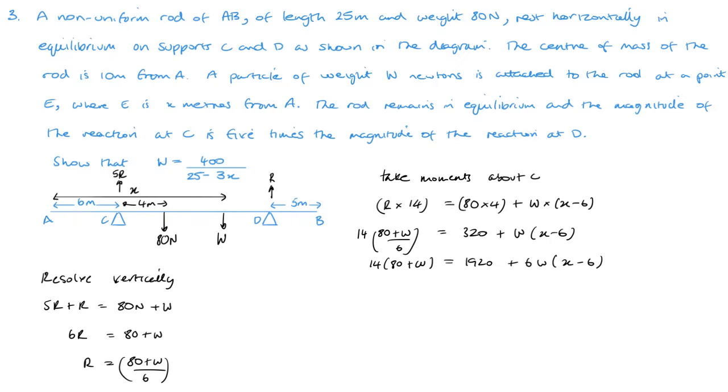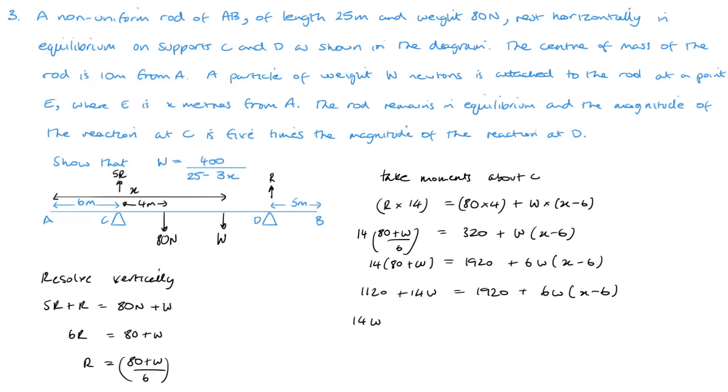So 14 times by 80 is 1120 plus 14W equals 1920 plus 6WX minus 36W. Now it's probably easier if I don't expand that. So let's leave it as 6W times X minus 6.